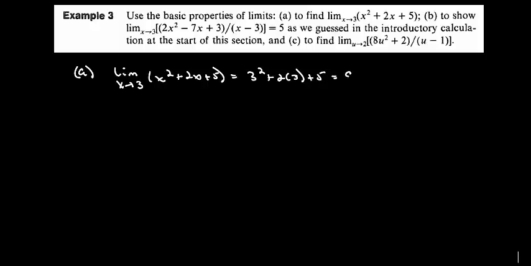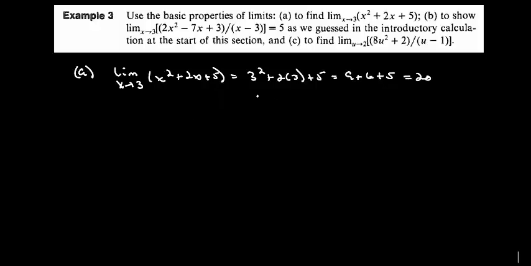For A, we said that the limit as x approaches 3 of x squared plus 2x plus 5 was equal to 3 squared plus 2 times 3 plus 5, 9 plus 6 plus 5. And I told you that this is not the way to go about the solution.